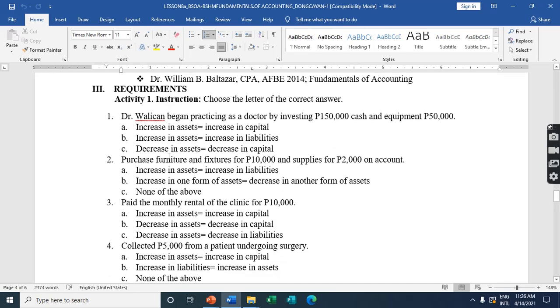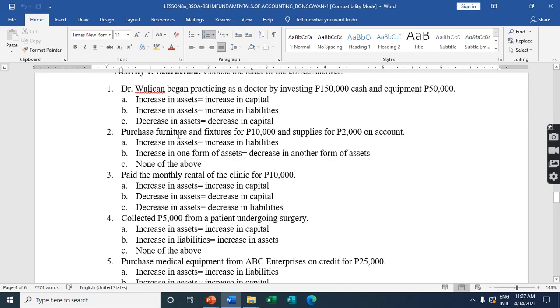So, i-identify mo siya kung nag-increase ba sa asset, nag-increase ba sa liability, sa capital ba, nag-decrease ba.